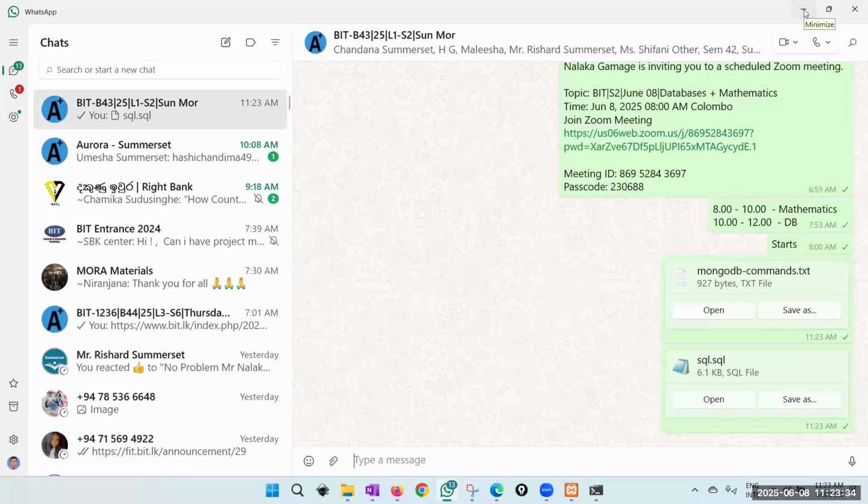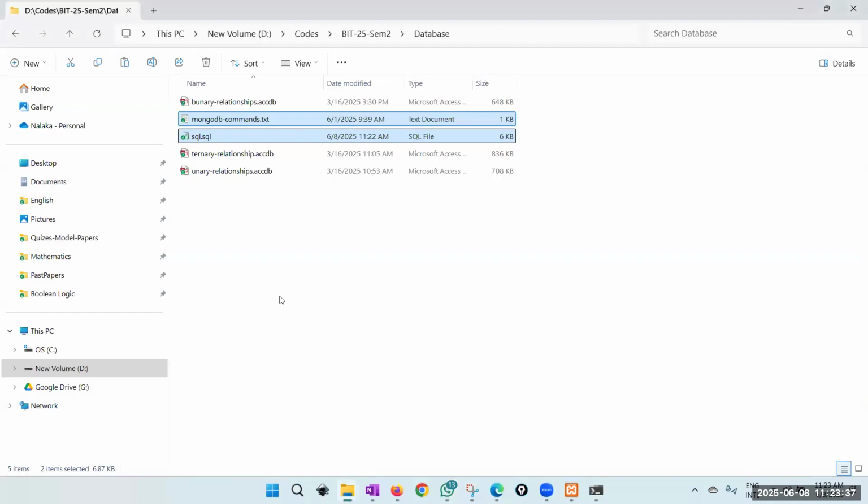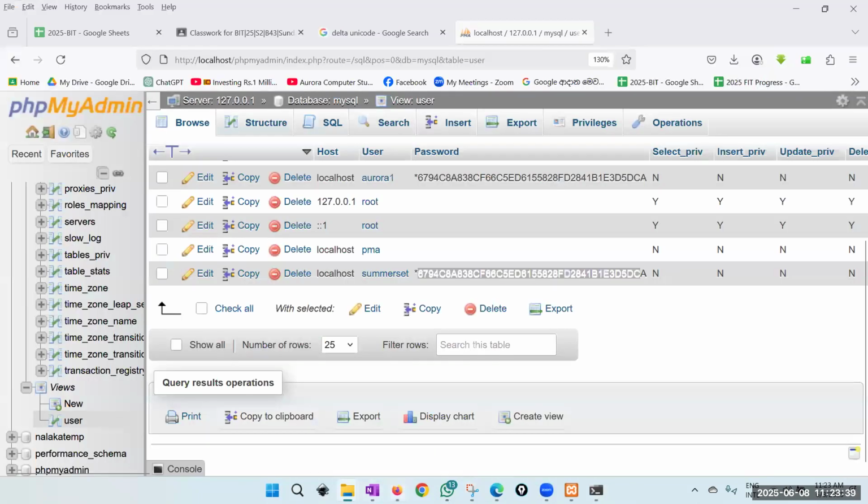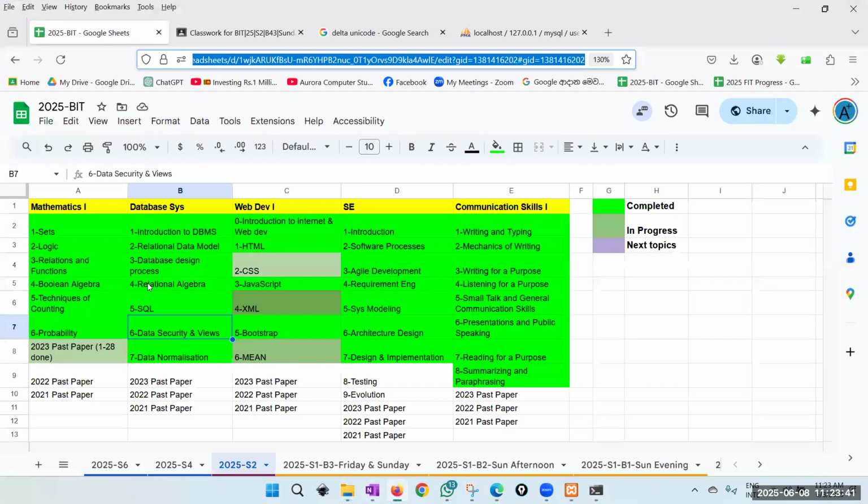Right, so we'll take a small break. After the break, I think we have two more topics to finish in software engineering. Then you can concentrate on the password for that also. So now it's 11:23. We'll take only a 5-minute break. We'll start at 11:35.